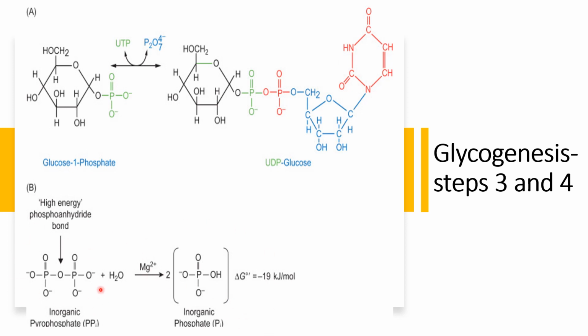The purpose of this was to create this high energy bond that is very active, because as we'll see in just a moment, this is able to undergo the reaction in which we'll attach it onto the growing glycogen chain.